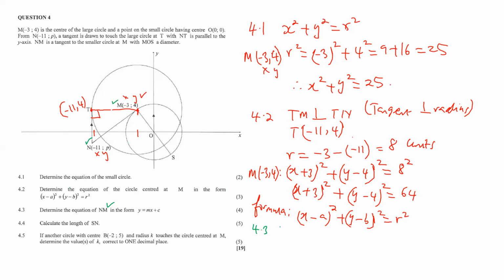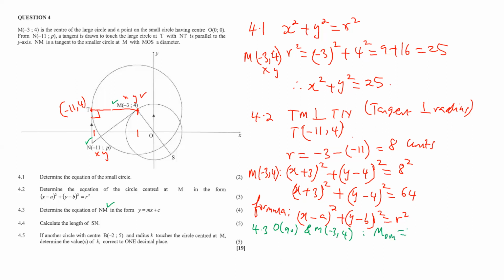So there's O. Okay, and then M has the coordinates minus 3, 4, as the diagram shows. From this, we can find the gradient of the line OM.